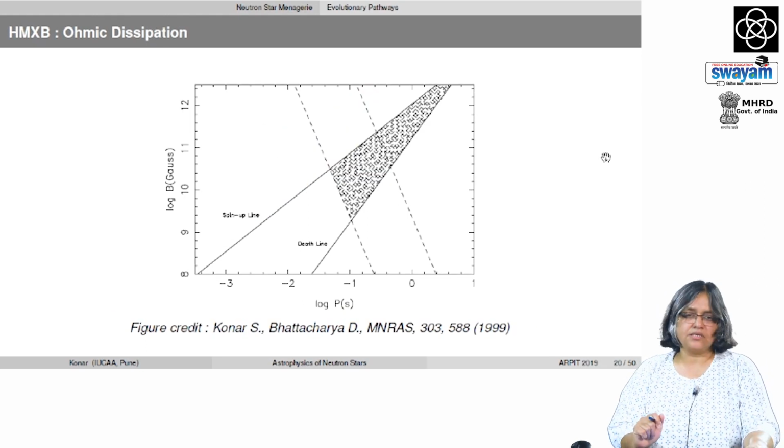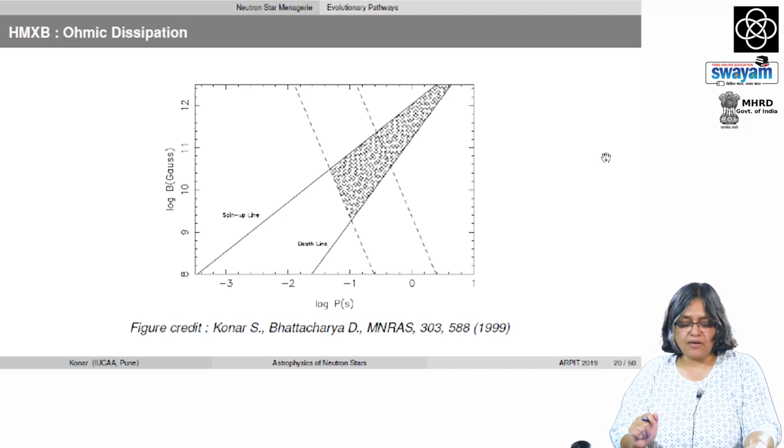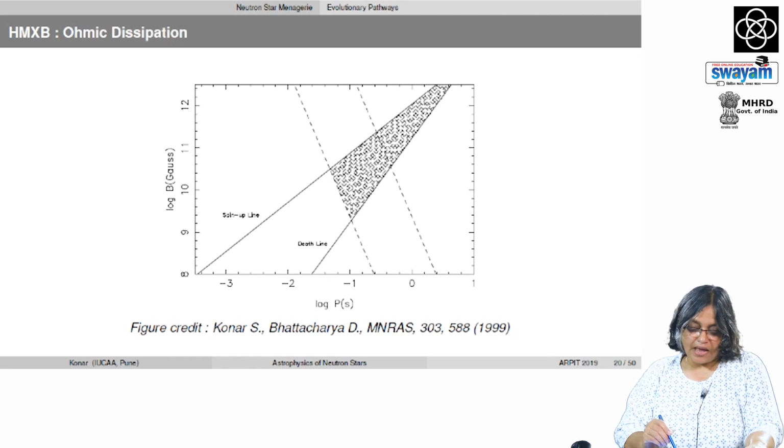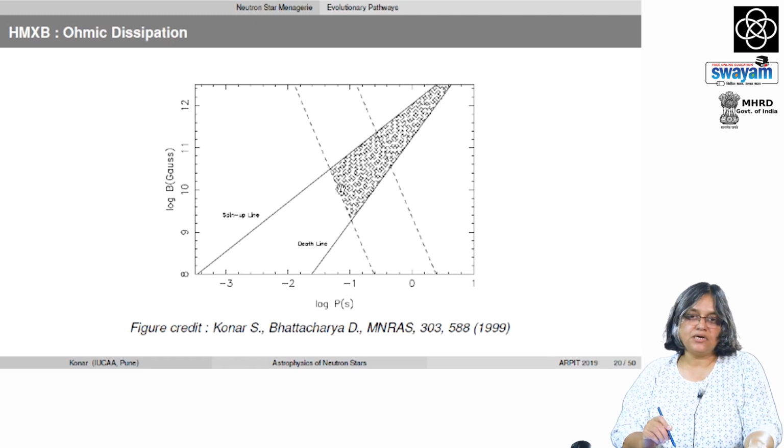Now, in contrast, the ohmic dissipation in HMXBs produces objects which are in this region of the spin period magnetic field diagram, and you clearly see that this is basically the same region as the original island of ordinary radio pulsars.